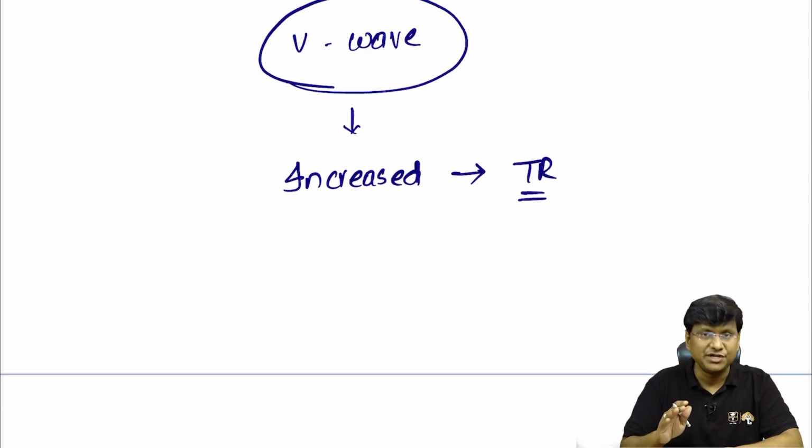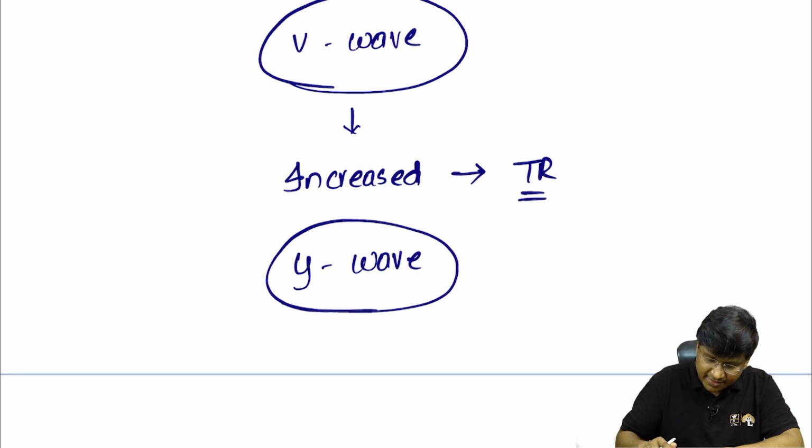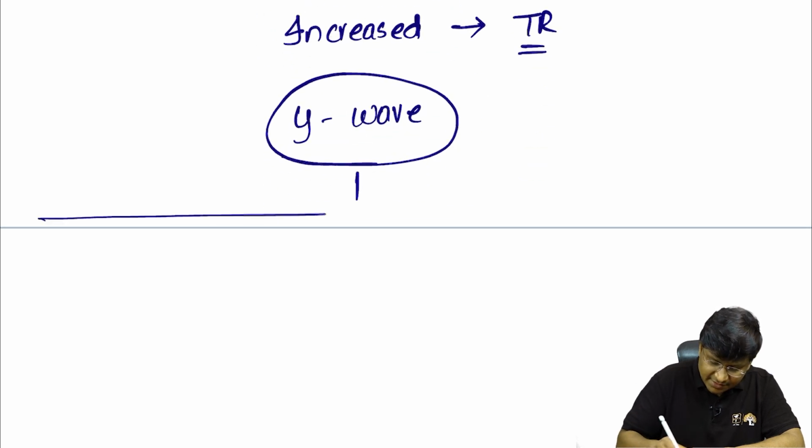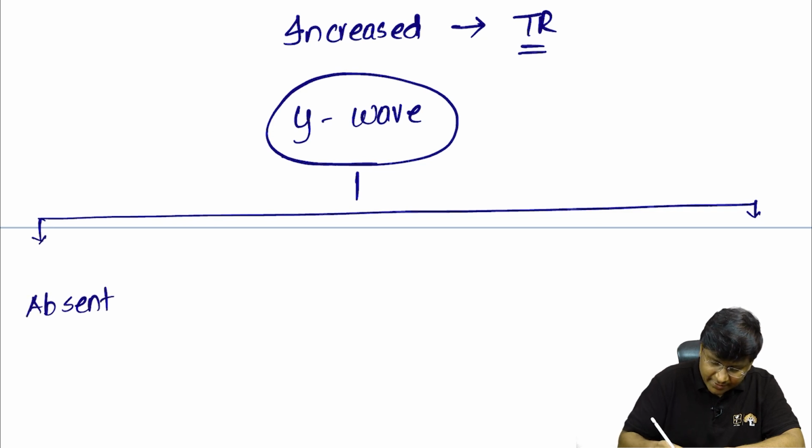And finally, you need to be aware of the abnormalities related to the Y wave. So Y wave represents what? That is the atrial emptying. So there are certain clinical conditions where the Y wave is absent. There are certain clinical conditions where the Y wave is accentuated, or it is a deep Y wave, right?